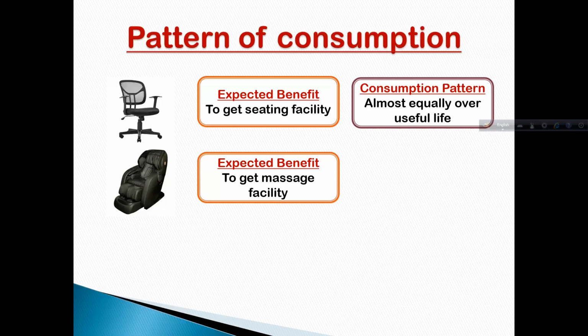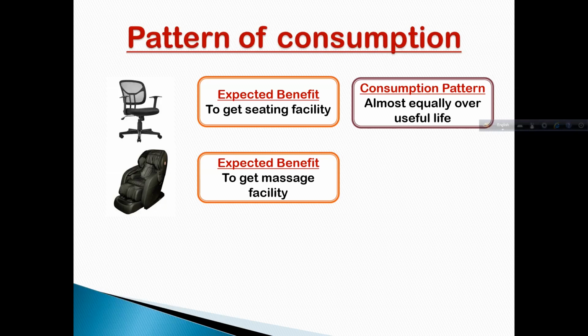And because of the technology used in this type of chair, the massaging benefit will be reducing over the years. In year one, it will give you the best comfort. In year two, the comfort may lessen, then in year 3 further lessen, and in year 5 it would be a more reduced benefit.